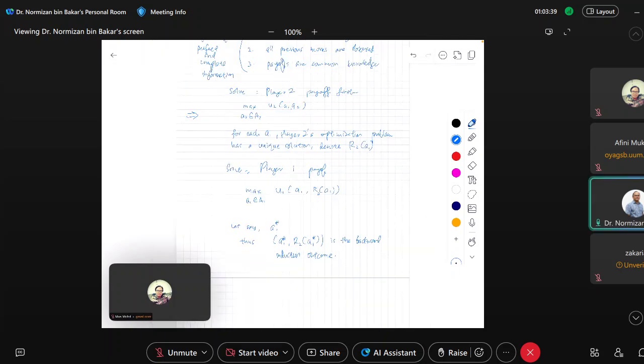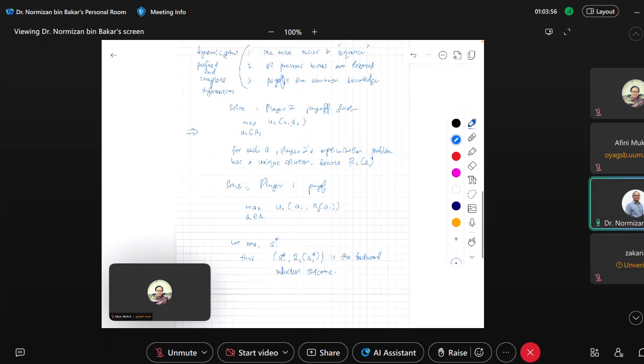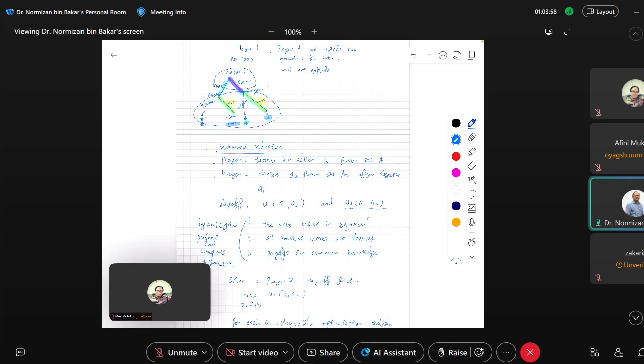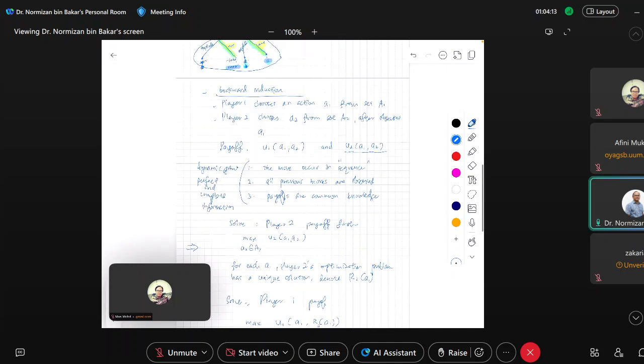So actually backward induction here illustrates how we solve the game. We solve the second player's game first, and then with that result we form the player 1 payoff. So player 2 will respond best to the player 1 payoff choice, and then player 1 maximizes it given the best response of player 2.